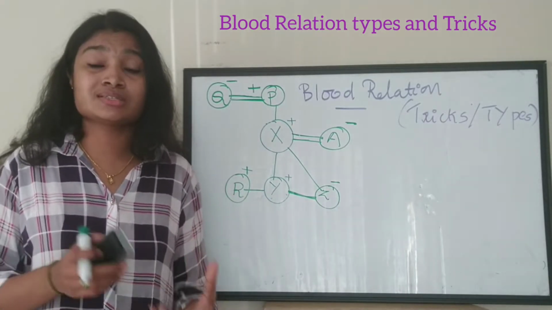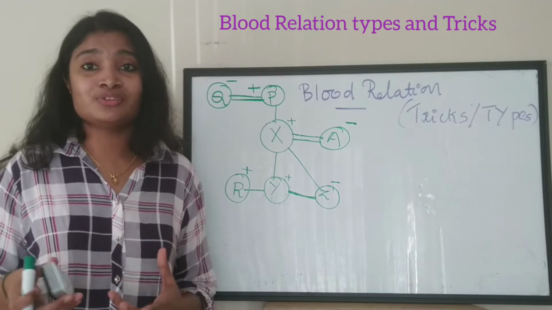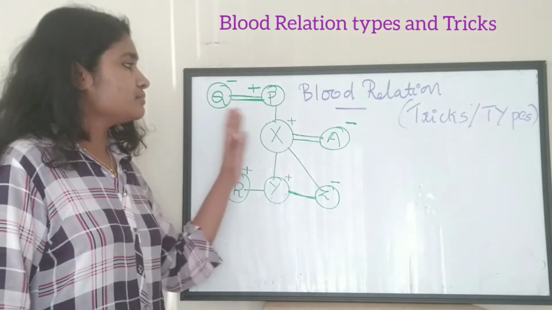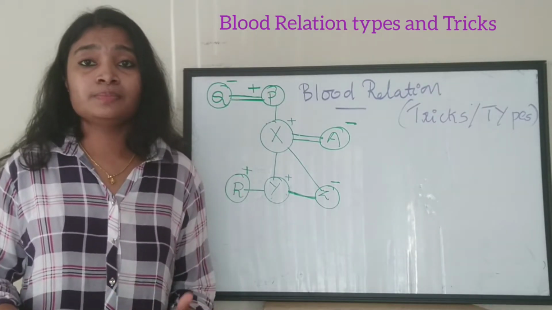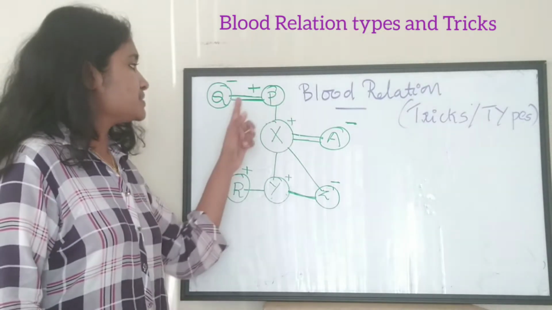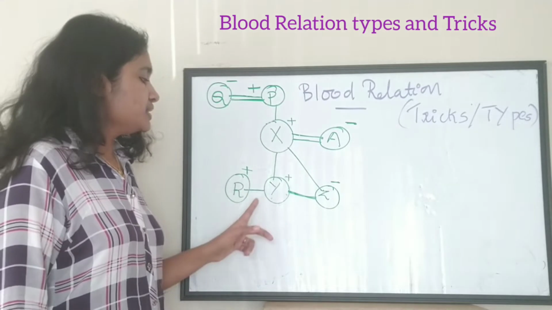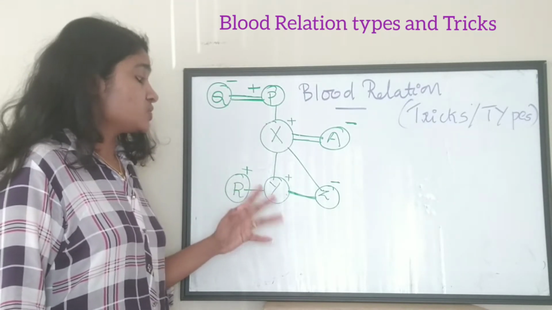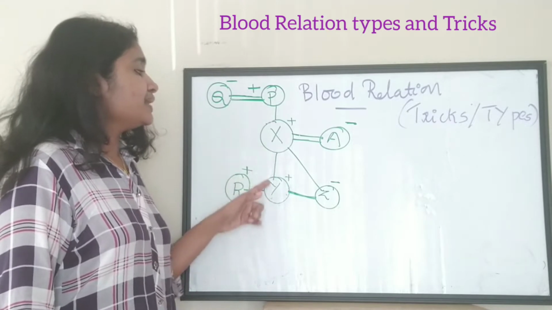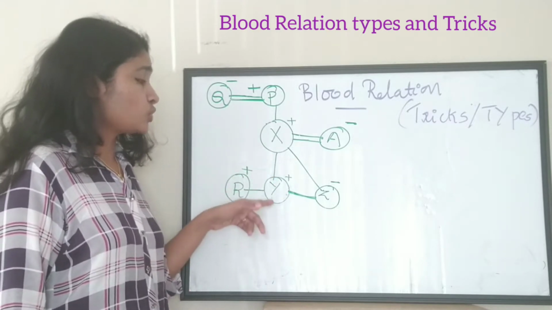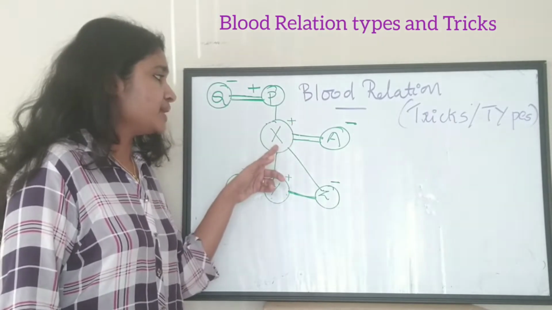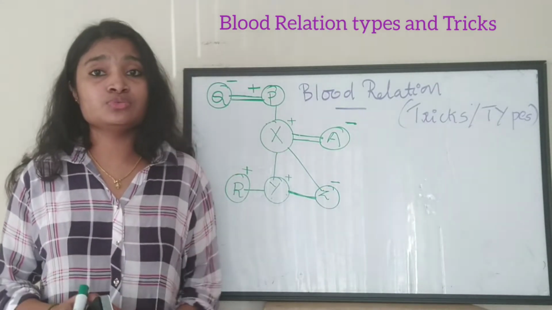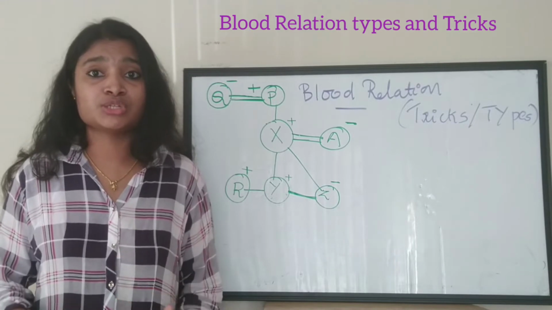Again, the brother or sister confusion is resolved from the sign, either plus or minus. So those are the main conventions which we use in blood relationship problems. The double parallel line is for husband and wife, the single parallel line is for brother or sister, one vertical line is for son or daughter, and plus is for male and minus for female. So these are the general conventions which we use for simplifying blood relationship problems.